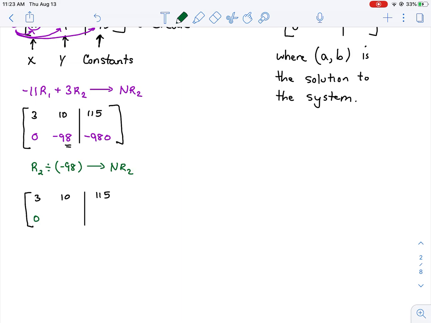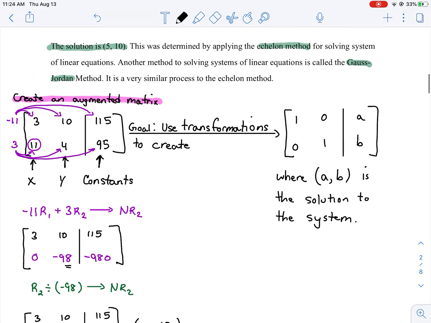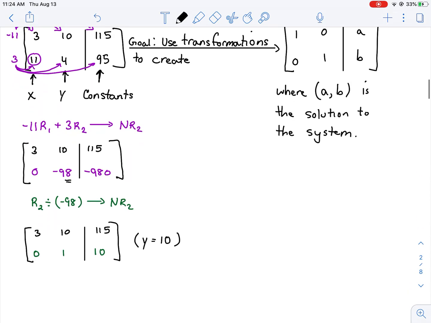Negative 98 divided by negative 98 is 1. And negative 980 divided by negative 98 is 10. So we know from here that y is going to equal 10. Just like we said earlier in the video, we know the solution is (5, 10), and when we applied the transformations, y is equal to 10.